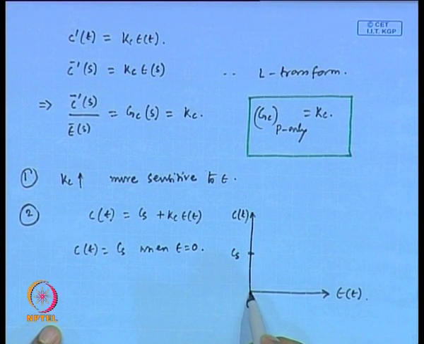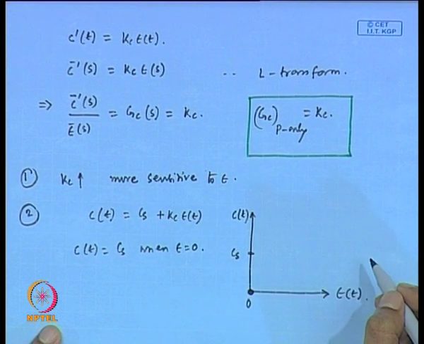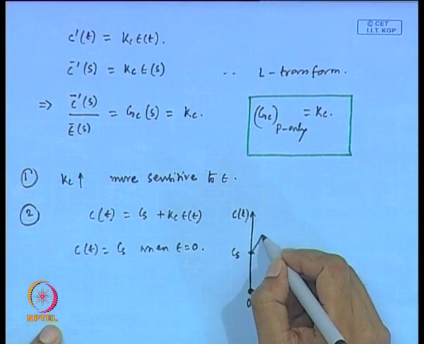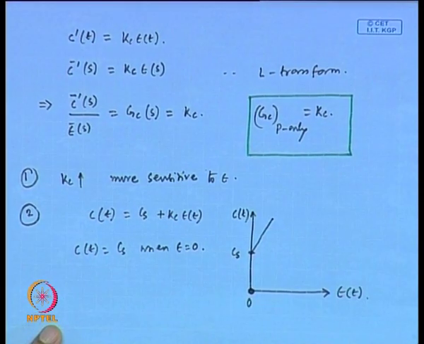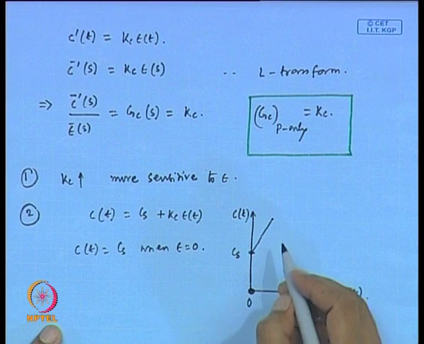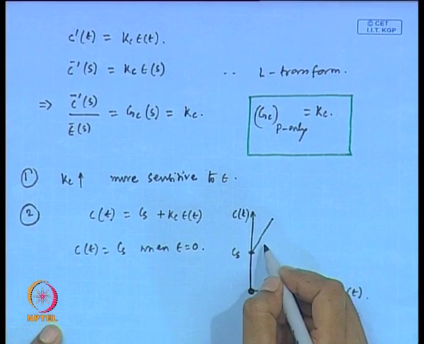So, we are considering the point where epsilon is equal to 0. The corresponding C value is Cs, and when we increase epsilon, it increases like this with a slope of Kc.